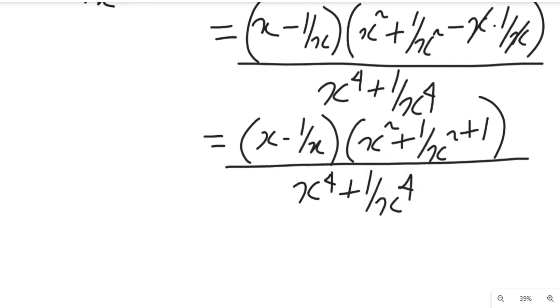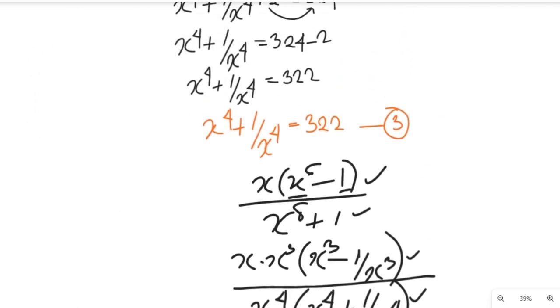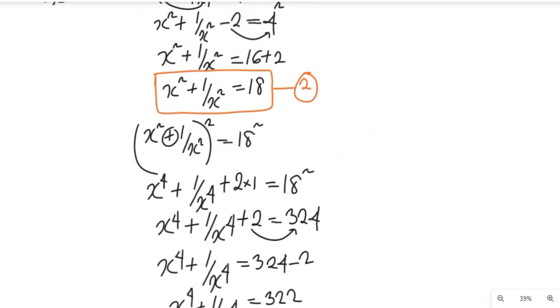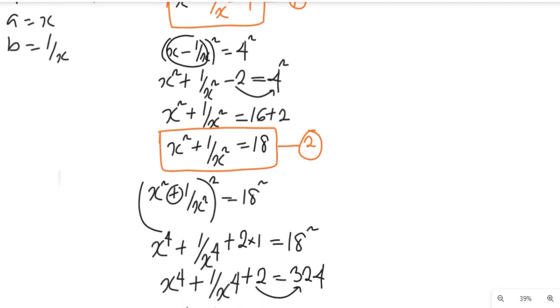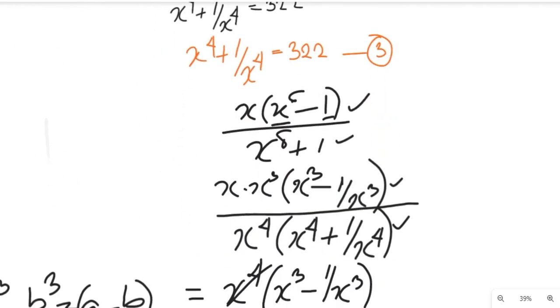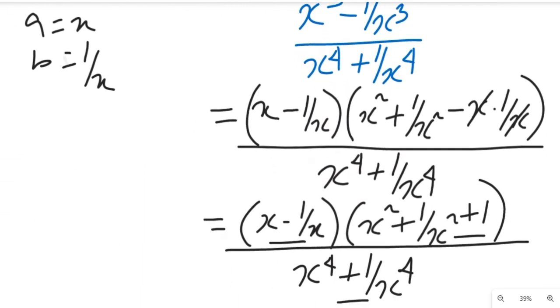Now if you look at this whole expression, 1, 2, and 3, you find out that we've gotten these values from the first expressions that were given to us. This is x to the power of 4, this is x to the power of 2, and this is x to the power of 1. So this is 4, 18, and 322. So let's substitute these values for all those expressions.